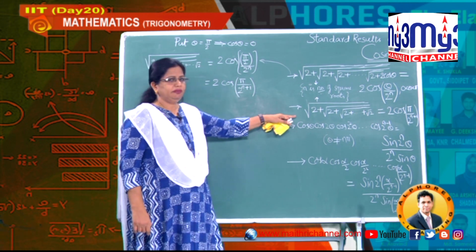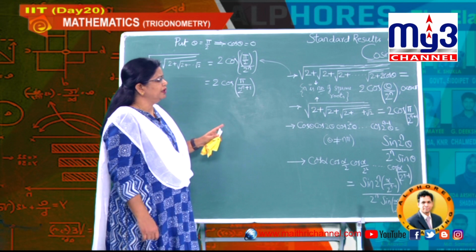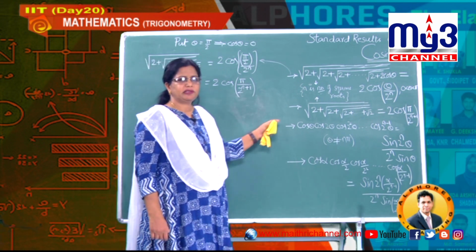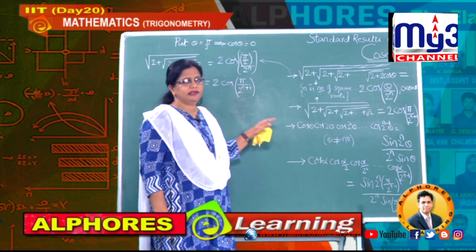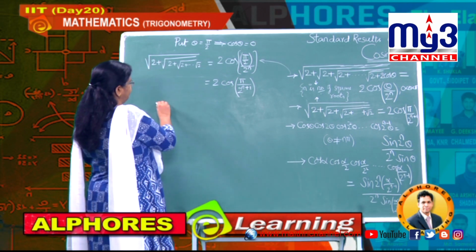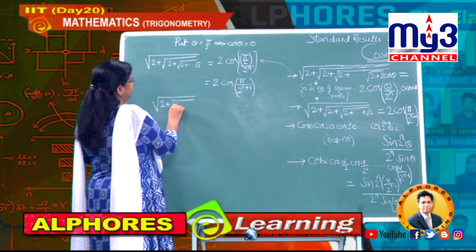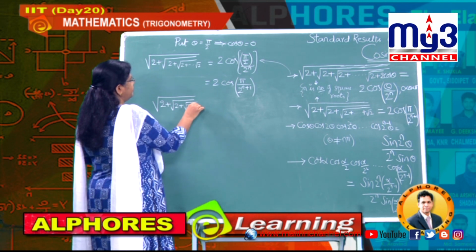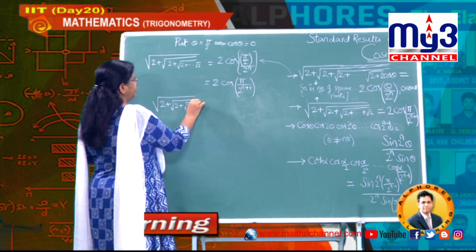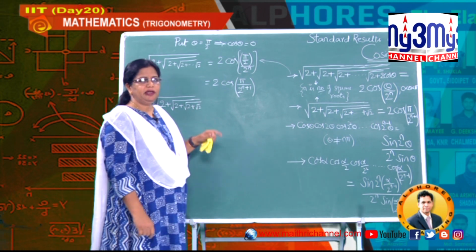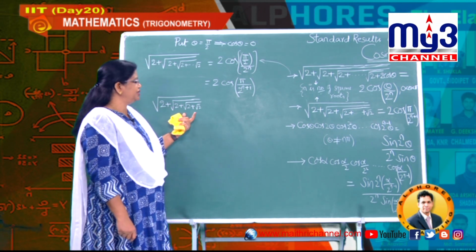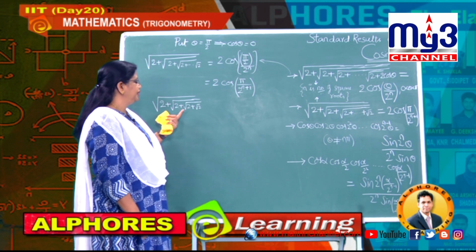Therefore, whenever you come across this kind of value, simply basing on the number of square roots you can write the answer. Let us take one example. Suppose it is square root of 2 plus square root of 2 plus root of 2 plus root 2. A problem is given like this, and they will ask what this value is.